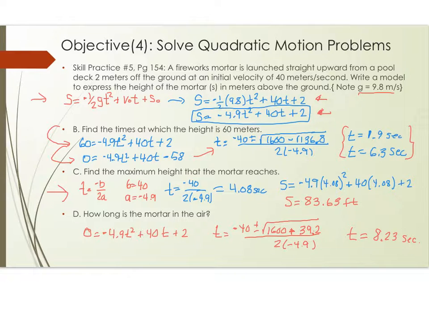So in this case, remember, under the quadratic formula, b is equal to 40, and a is equal to negative 4.9. We plug that into the equation, and we get negative 40 divided by 2 times negative 4.9, and we end up with 4.8 seconds. So at 4.8 seconds, we're at the maximum height of the firework mortar.